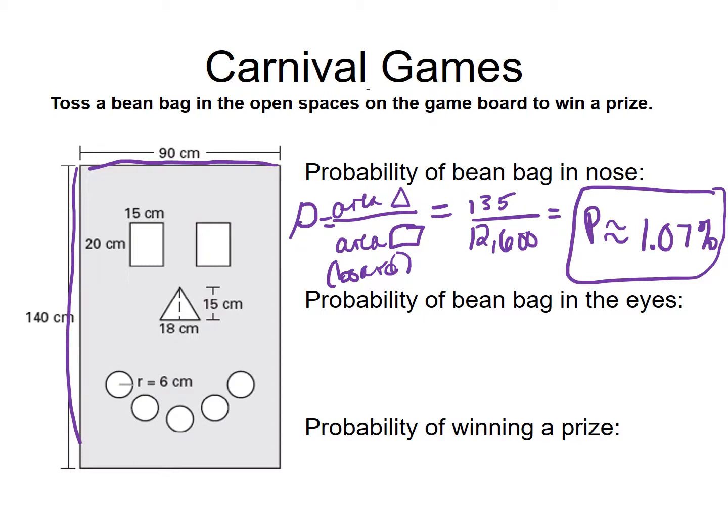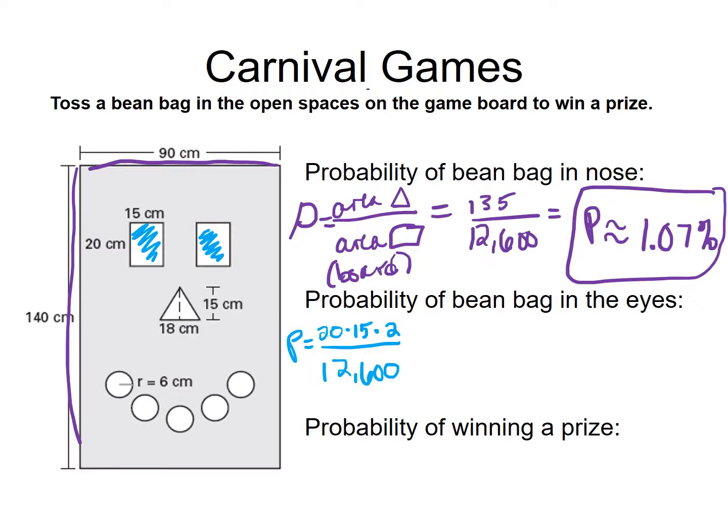image, if you will. Now we have to find the probability of the beanbag landing in the eyes. So we're going to have to find the area of those two rectangles out of the total. Our probability is going to be 20 times 15, but there's two of them, so times 2, out of the whole board, which is still 12,600.